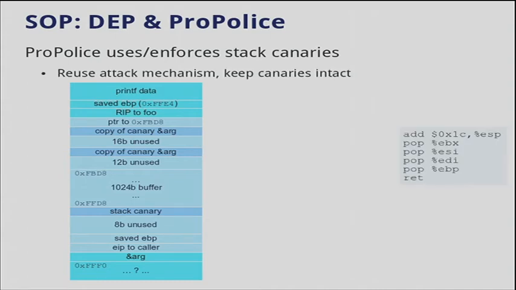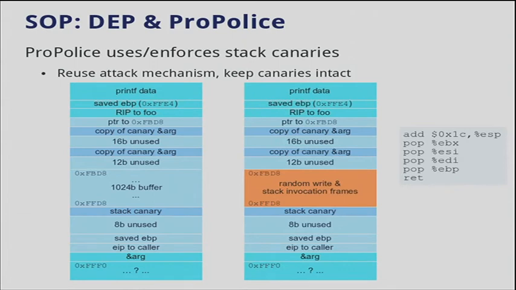But if we reuse the same mechanism, we can keep the canaries intact and just reuse the same random write to redirect control to the frame lift gadget, and we will end up in our stack buffer again, where we can then use arbitrary stack invocation frames.